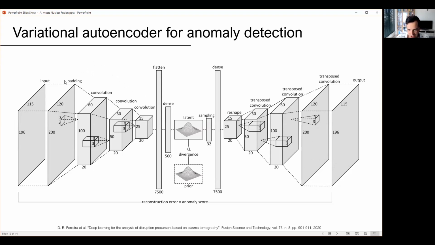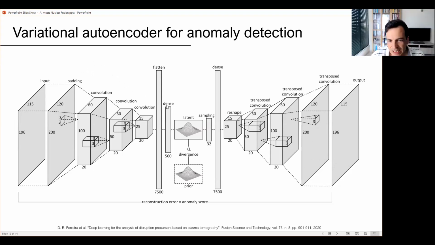And it's called variational because it encodes the input data into a probability distribution, that is called the latent distribution. And then it samples from such distribution, and it is using this sample that the output is reconstructed.